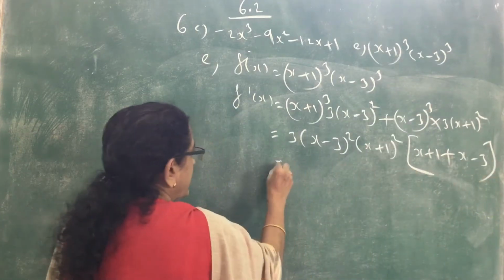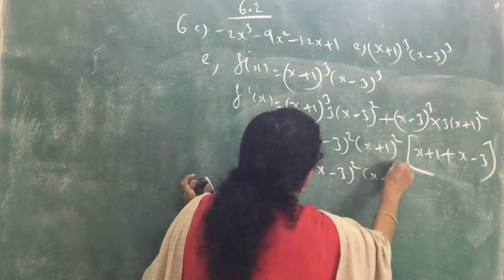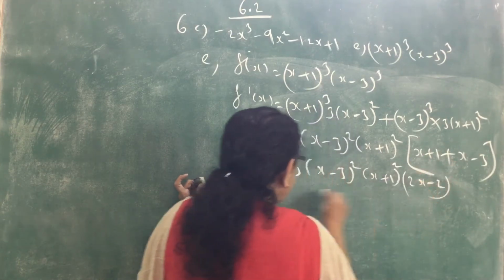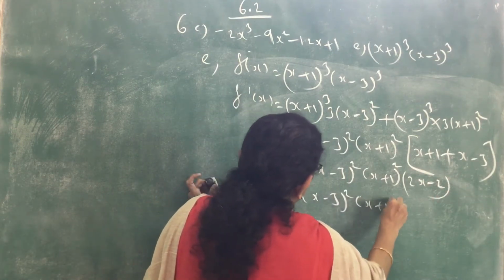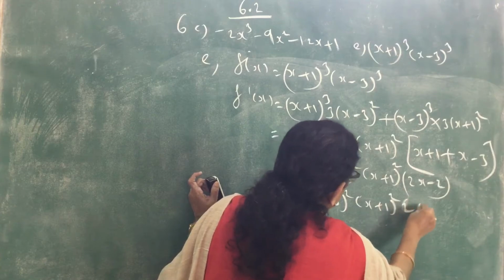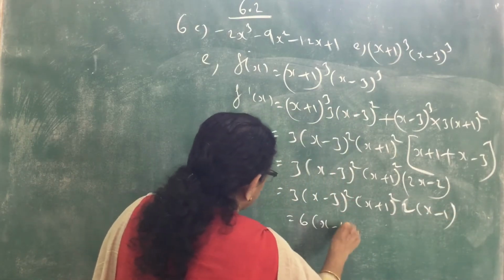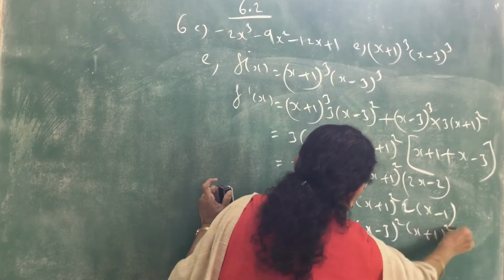So we get (x - 3)² into (x + 1)² into (x + x), 2x - 2. That is equal to 3 into (x - 3)² into (x + 1)² into 2 into (x - 1). That is equal to 6 into (x - 1) into (x - 3)² into (x + 1)².